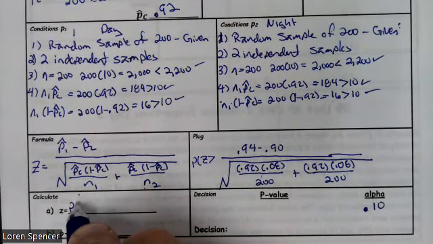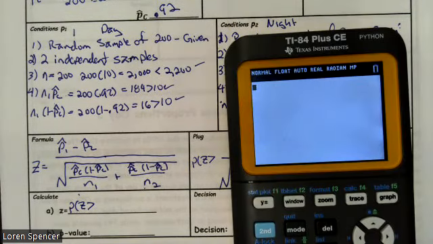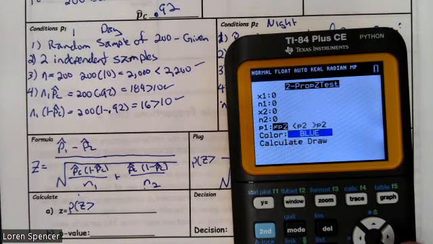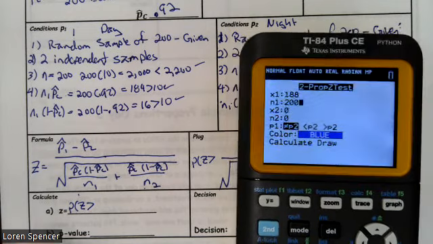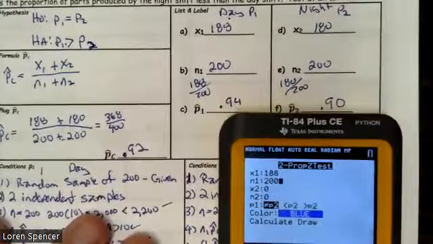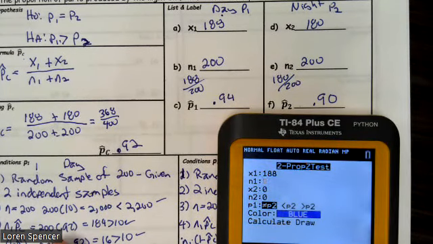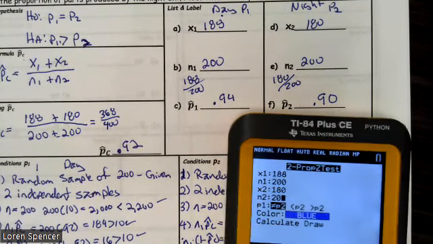So we want the probability that Z is greater than, and let's find out. Let's go run this test. So stat test, two proportion z-test, which is number 6. We had 188 out of 200, then we had 180 out of 200.